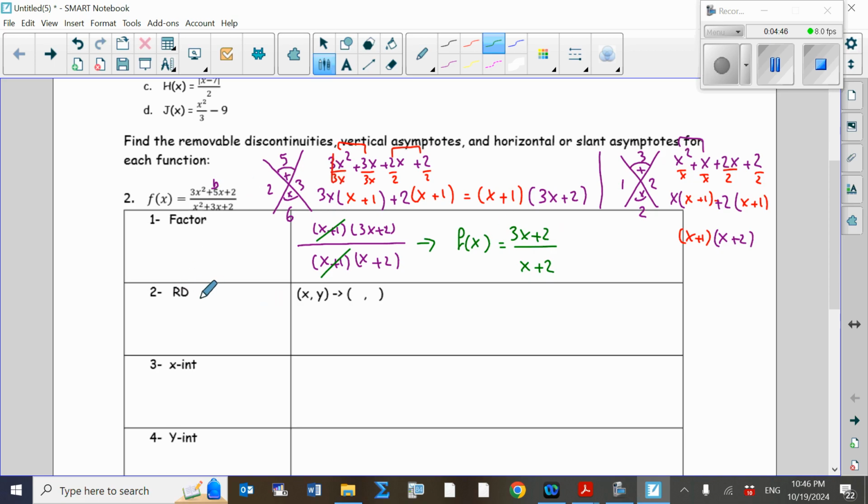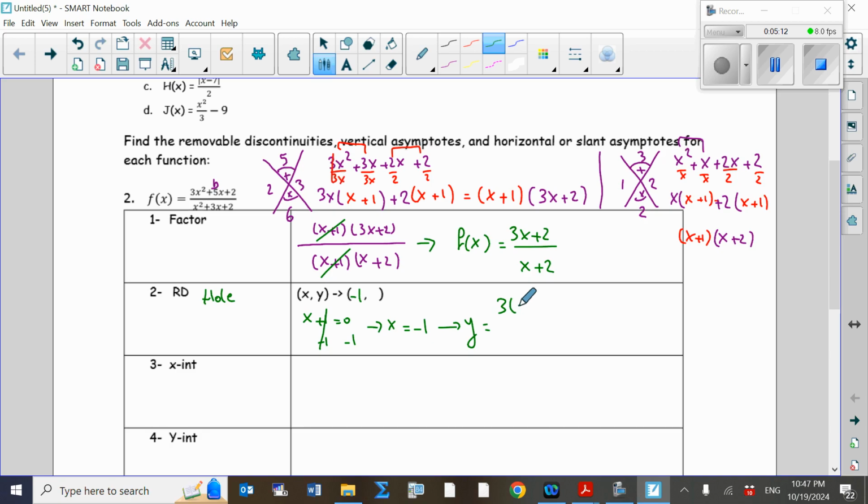To find the removable discontinuity, or the hole, of your function, set the cancelled factor equal to 0. x plus 1 equal to 0. Subtract 1 from both sides, and x is equal to negative 1. This is the x of the hole. To find the y of the hole, plug this into the remaining function.